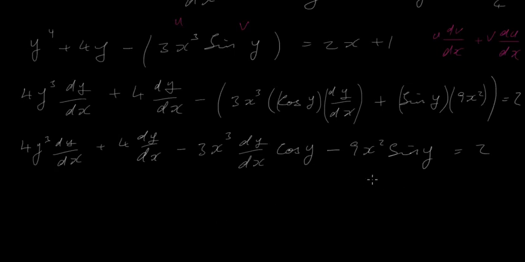So we have a dy dx here, a dy dx here, and a dy dx here. I'm going to factorize these three, and I'm going to take this term here without the dy dx and bring it over to the other side. I'm going to add a 9x squared sine y to this side and to the other side. So factorizing here, we get dy dx, and if we take it out of here, we get 4y cubed.